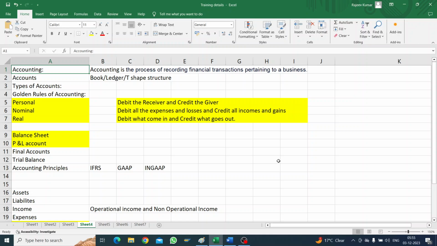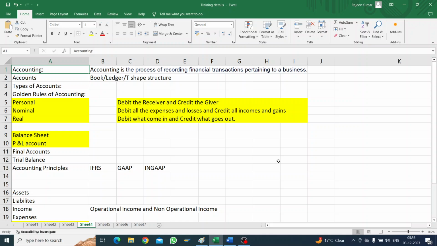Here we will talk purely from the business perspective, and this business can be an entity, a company, an individual, a partnership firm, or a sole proprietorship firm. There is a variety of companies, so it will apply to any kind of business. So this is all about the accounting part.